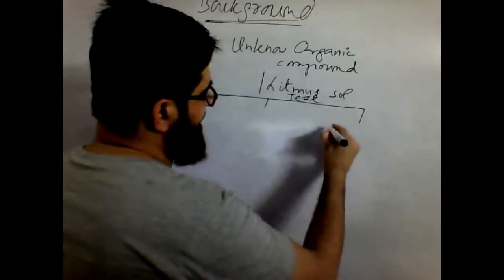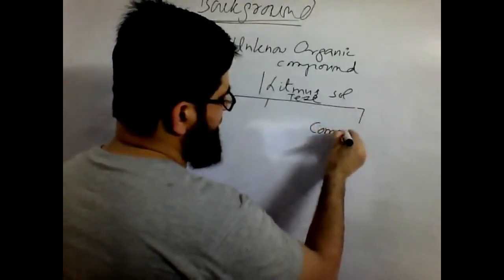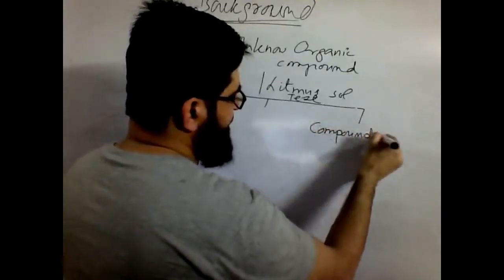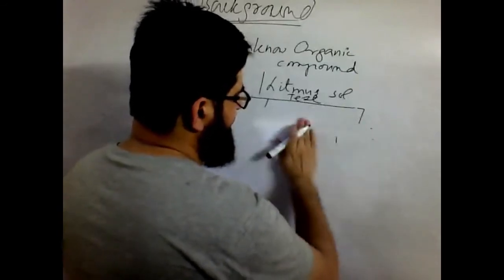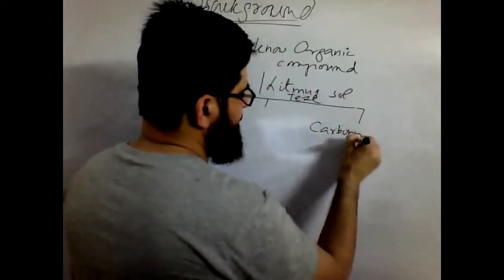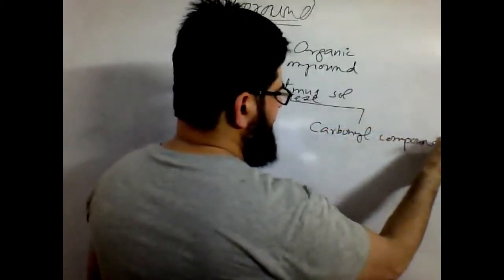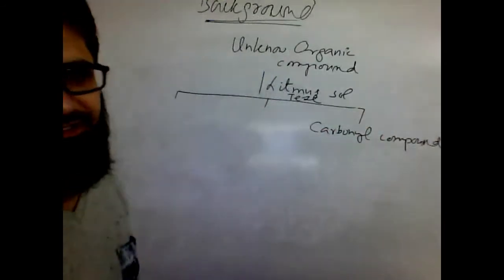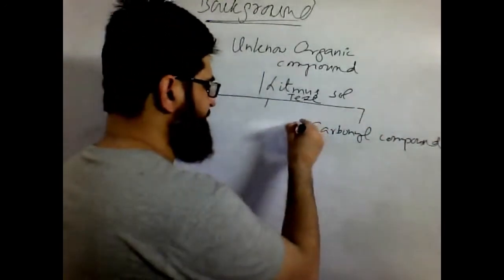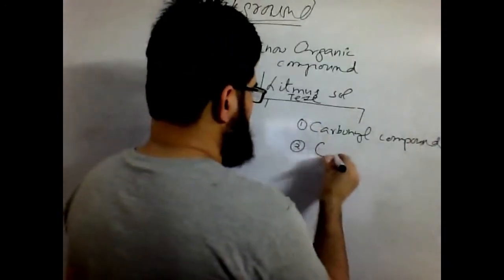In case of neutral, there are two chances: the given unknown compound is a carbonyl compound, the number one option, or it could be a carbohydrate.